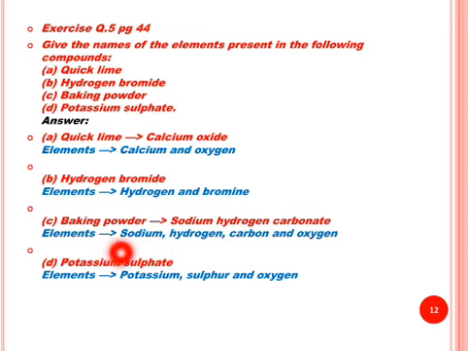So the elements once again are sodium, hydrogen, carbon and oxygen in sodium hydrogen carbonate, that forms baking powder. Potassium sulfate, elements are potassium, sulfur and oxygen, because sulfate is made up of sulfur and oxygen.